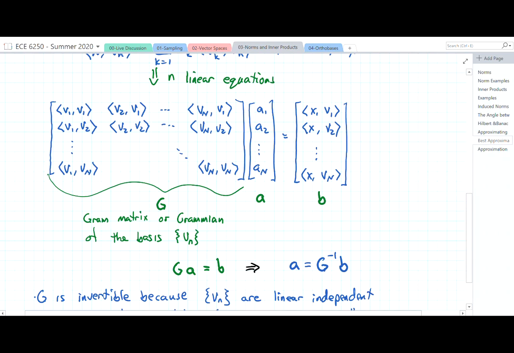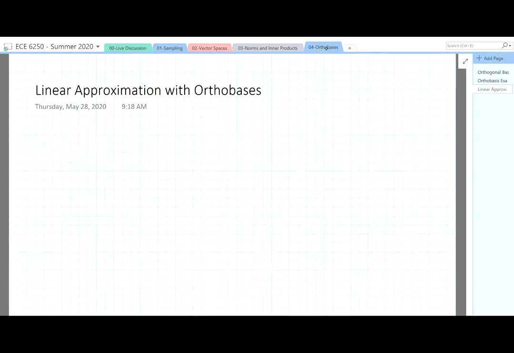And over here, column A is what we were trying to find as the coefficients for our approximation vector. All we had to do was invert our Gramian matrix, multiply that by our desired signal projected onto our basis, and we get the coefficients. So a nice straightforward way to do this.